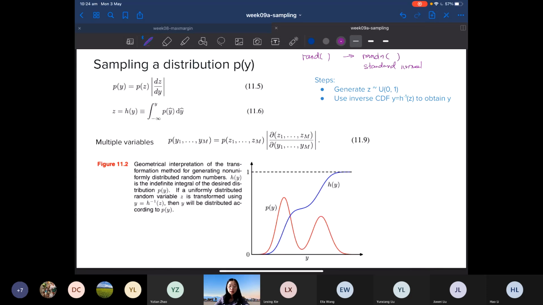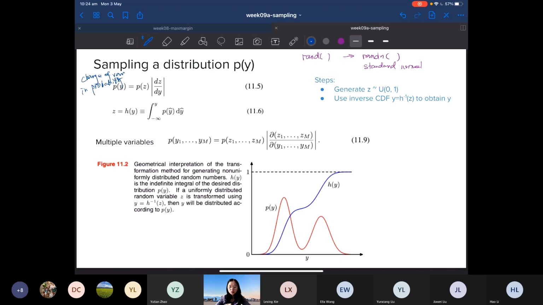Let's just first look at, again, this P of y, which is reasonably complex. Let's say this bimodal distribution. So recall from your probability class that one can do change of variable of probability distributions, right? And the formula works as follows.